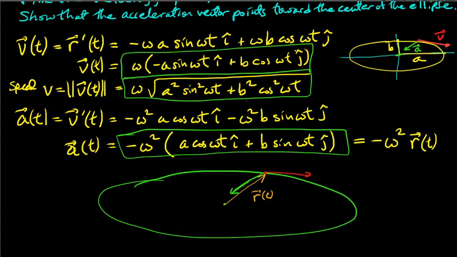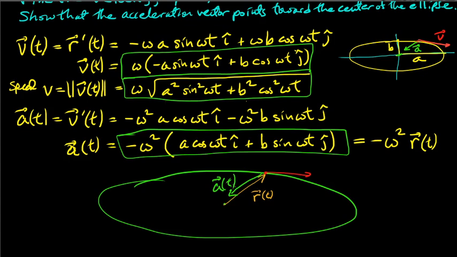Now that constant might be bigger than 1. And if it's bigger than 1, then it keeps going. So if you say it points toward the center, you have to be careful. It looks like it points away from the center. But if you move the vector this way, then it points toward the center. So if omega squared is less than 1, then it points toward the center.